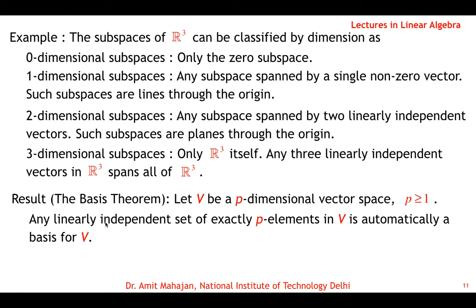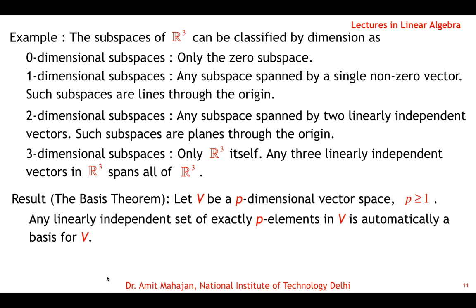So if you have any linearly independent set of p elements, where p is the dimension, and by dimension p we mean the basis has p vectors, then it will automatically become a basis. It is definitely going to span that space.